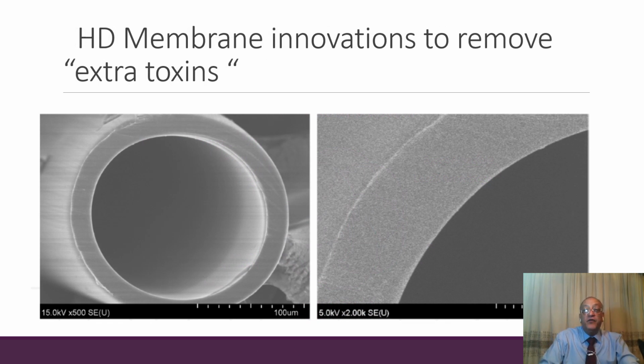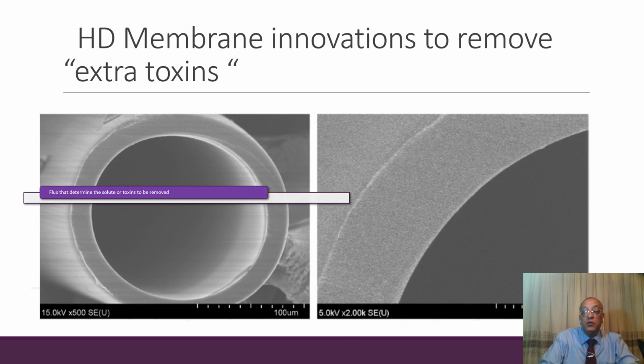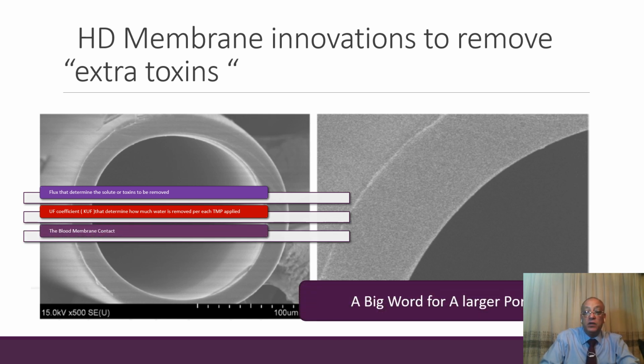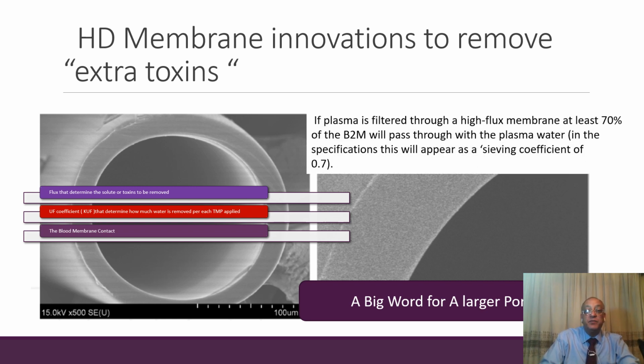The membrane innovation is to remove extra toxins by increasing the porosity, so increasing the blood flow as well, by increasing the pore diameter. It's a big word for a larger porosity of the dialysis membrane running now.